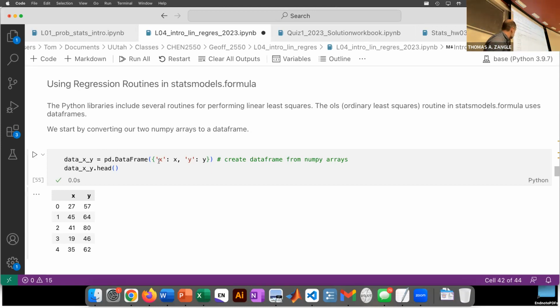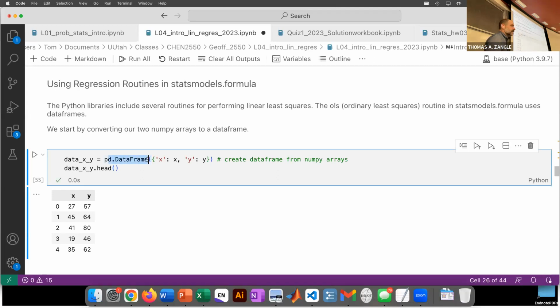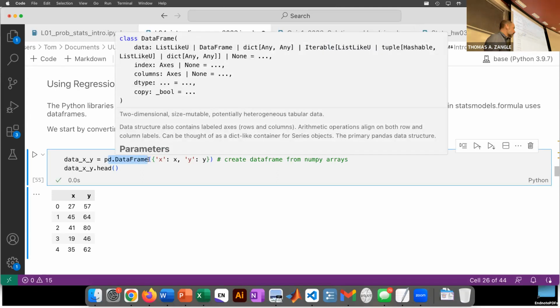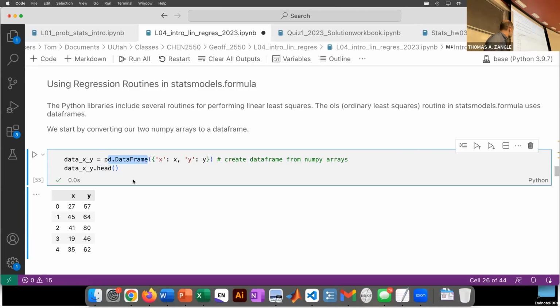So we can take our data that was in these arrays X and Y and put them into a data frame. Again, we went over this last time about how we can bring data in or out of pandas. Here we're putting data XY into a pandas data frame. We're using the pandas head function to look at the beginning of that data and make sure this looks okay.